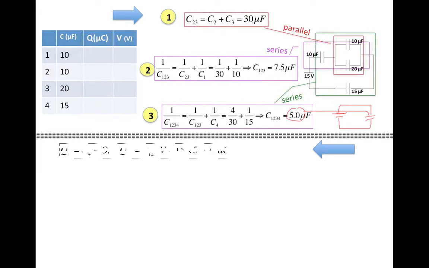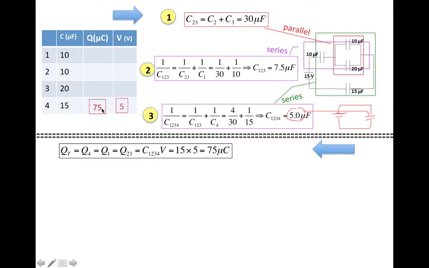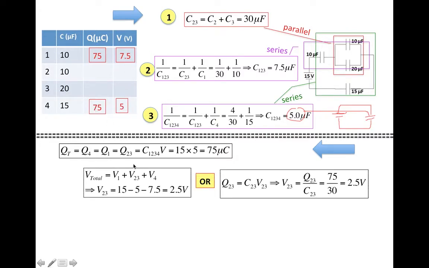So armed with this condition, that means what? If I know the total here, this is connected with these two, that means what? That means this charge is the same as this charge, is the same as the charge of the two capacitors here. So that means my charge of capacitor 4 is simply 75, and my charge of capacitor 1 is equal to 75, and from here I can get the voltage drop across these two capacitors using Q is equal to CV.